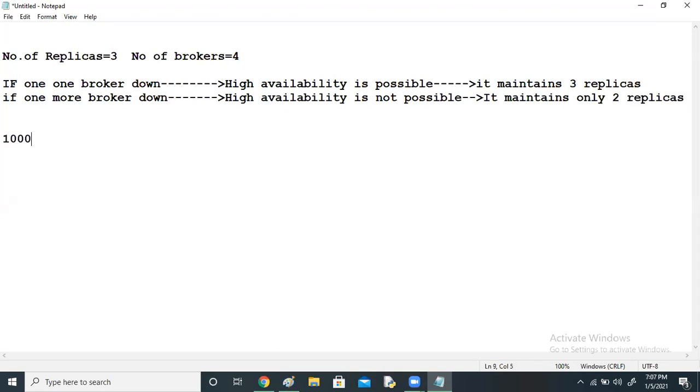If 1,000 brokers are there, assume 997 brokers are down, is high availability possible or not? Still, of 1,000 brokers, almost 97% of the brokers are down.